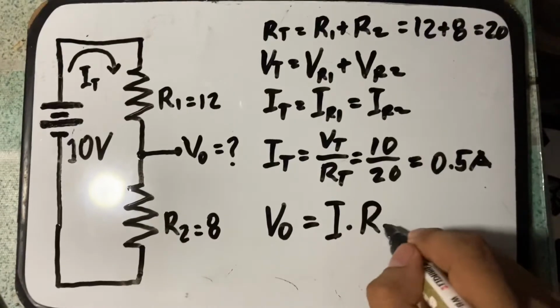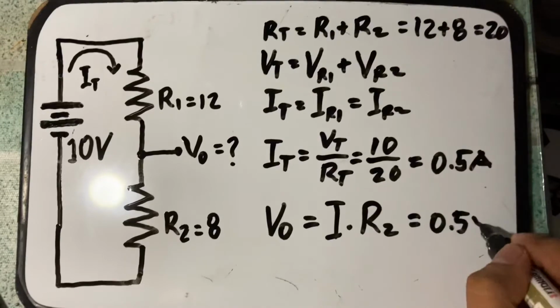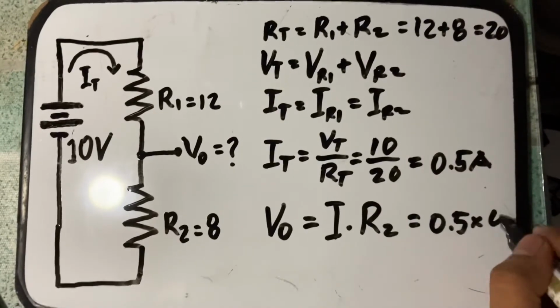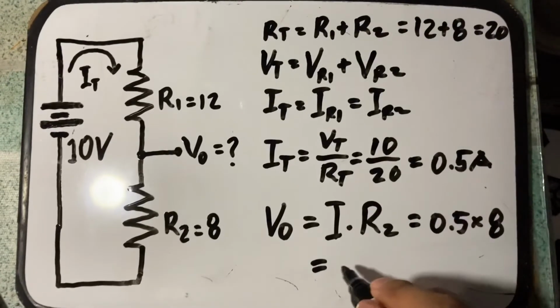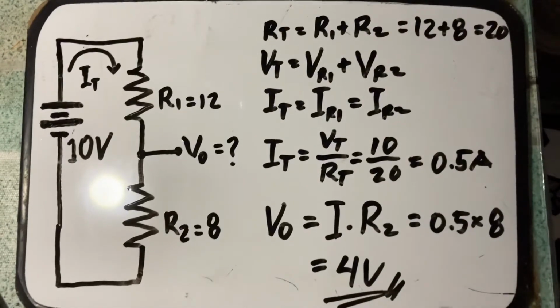So multiply lang natin 0.5 times 8, so that's equal to 4 volts. So ganyan lang kadali yung pag-compute.